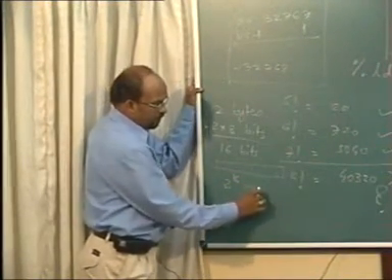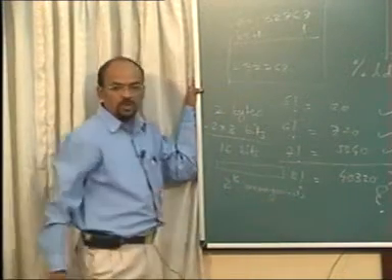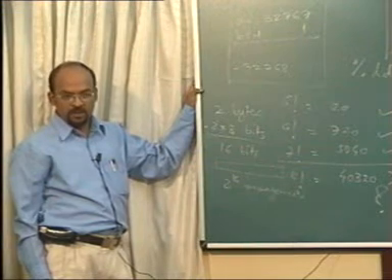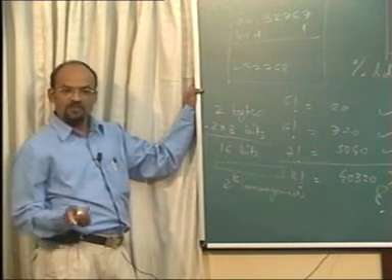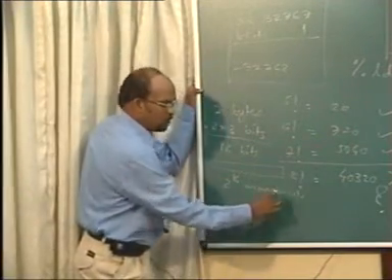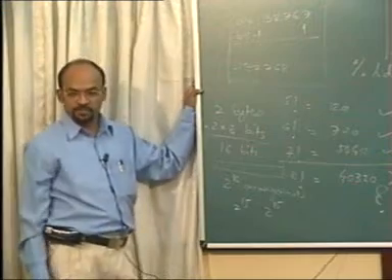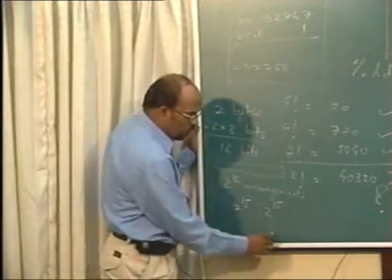arrangements of zeros and ones could exist. 2 raised to 16. We know that half of them are positive and half of them are negative. That means there are 2 raised to 15 positive numbers and 2 raised to 15 negative numbers. Positive numbers will be from 0 to some value.